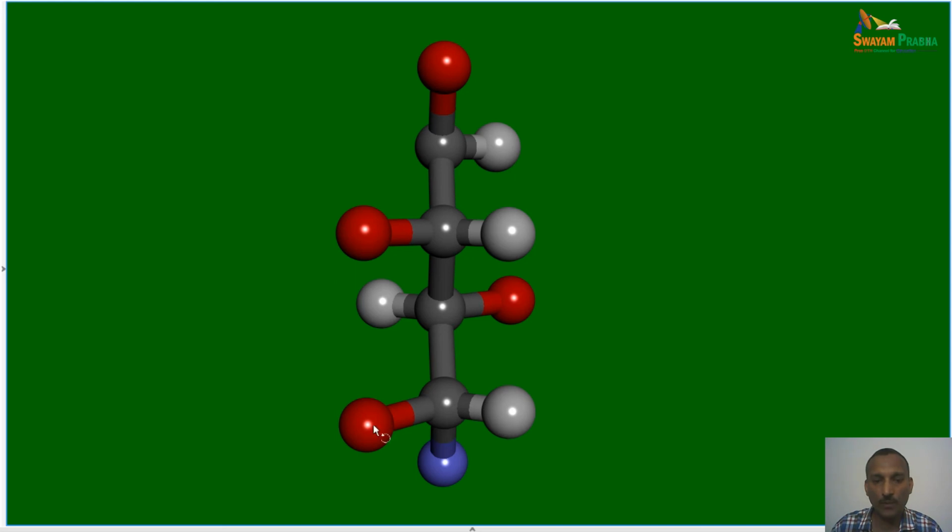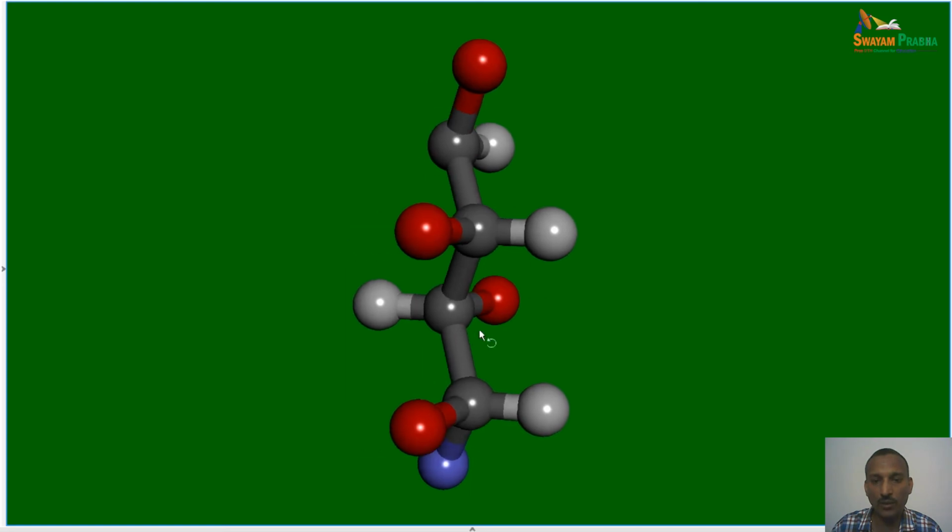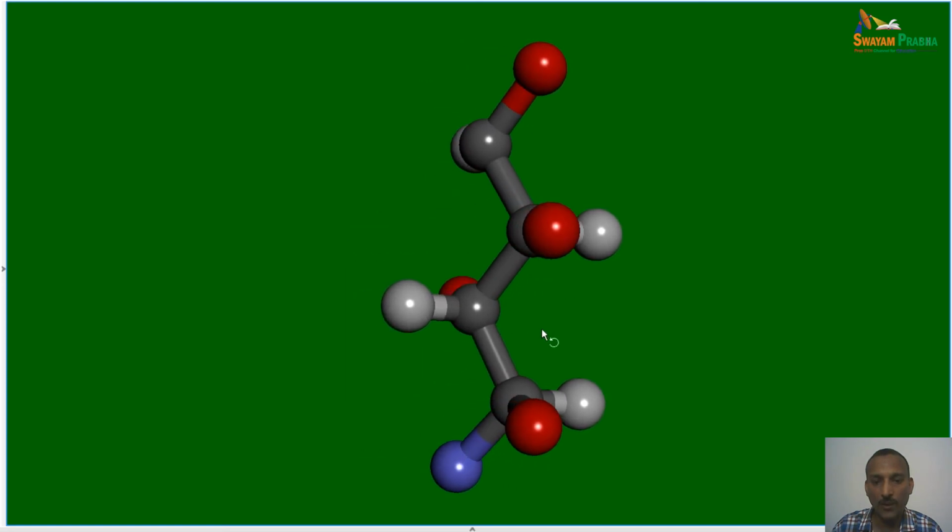In this first carbon, these two groups or atoms are pointing towards the observer. Whereas if you look at the second carbon, these two groups or atoms are pointing away from the observer. I just rotate it, then you will see the difference. In the first carbon, two are pointing towards the observer. In the second carbon, two are pointing away from the observer. In the third one, they are pointing towards the observer.